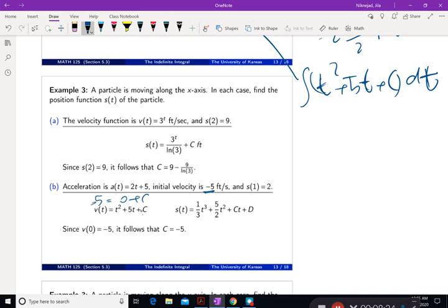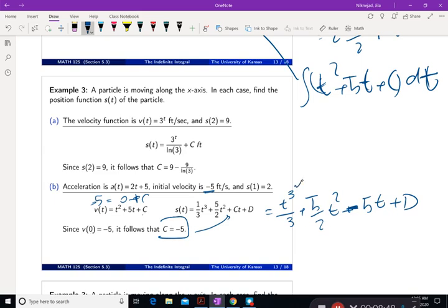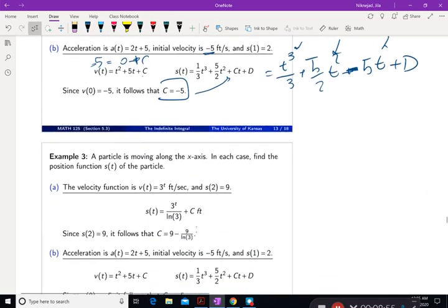So negative 5 equals 0 plus c, so c is equal to negative 5. Now plug it back into here to get t to the power 3 divided by 3 plus 5 halves t squared minus 5t plus d. Now this time plug in 1 for t, and then the output should be 2, and you compute d in there.